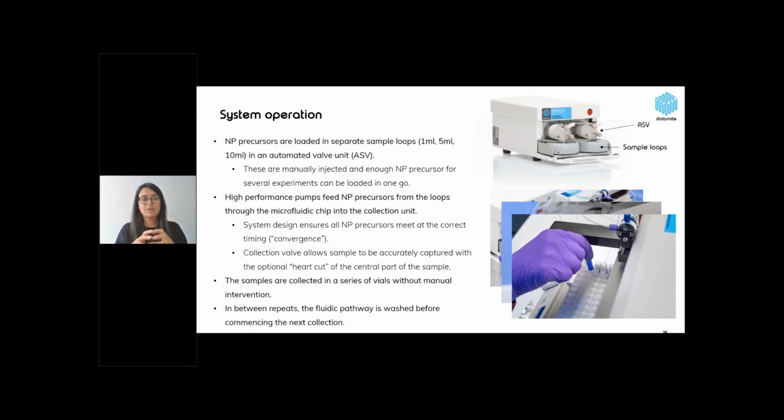When it meets at the chip, it's able to do the hydrodynamic flow focusing and the mixing to allow assembly of your nanoparticles. And the collection valve also allows you to have the accurately captured hard cut, which may be important to some. So the samples are collected in a series of vials without manual intervention, and in between repeats, the fluidic pathway is washed before commencing to the next collection.